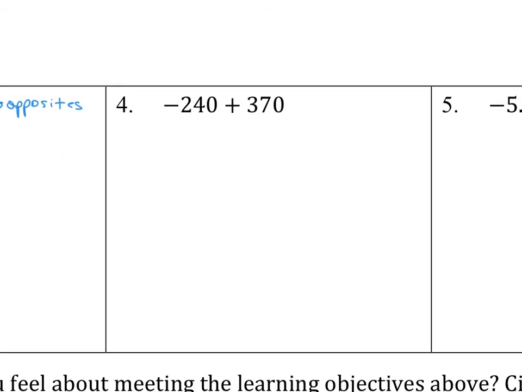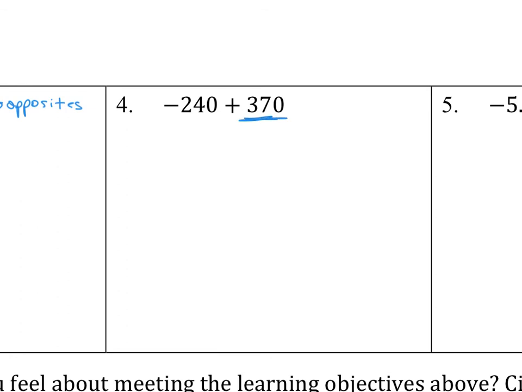Okay, for number 4, we have negative 240 plus 370. So if we think back to what we've learned about adding positives and negatives, we know that our answer is always going to be the sign of what there's more of. In this case, there's more positives, so I know my answer is going to be a positive number.